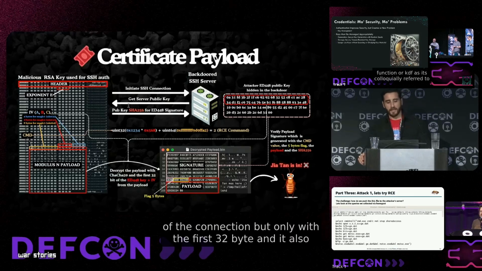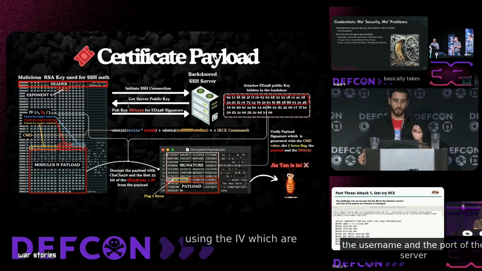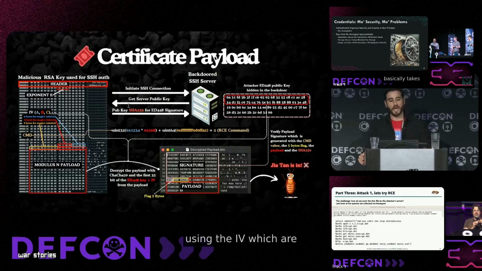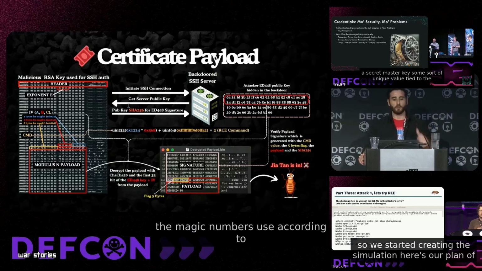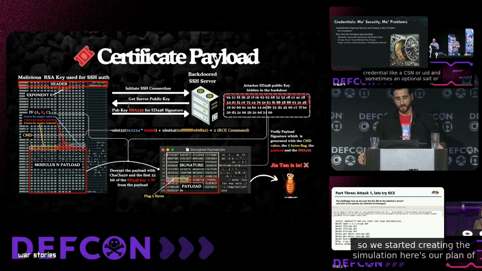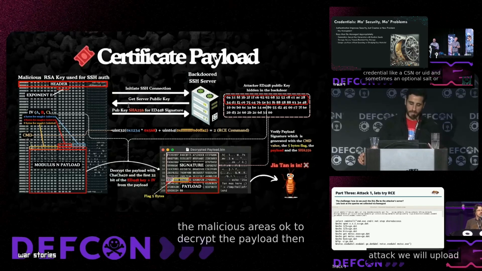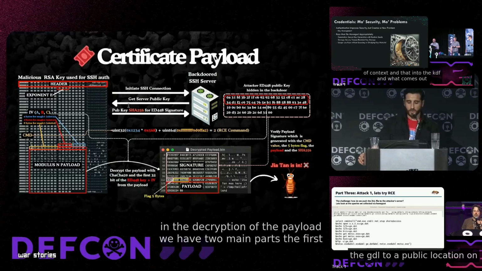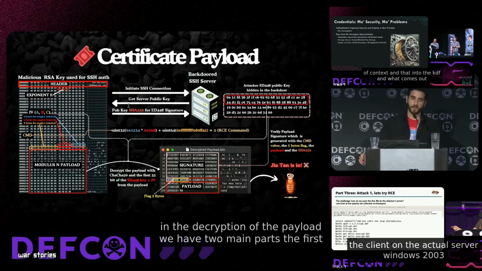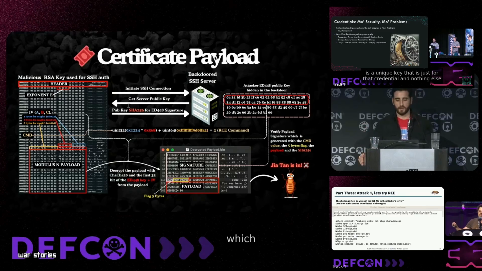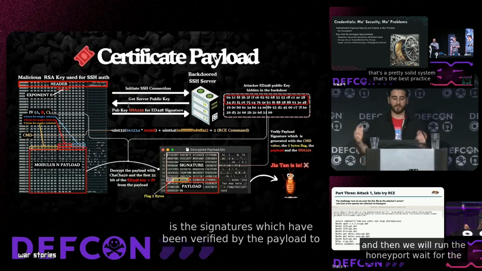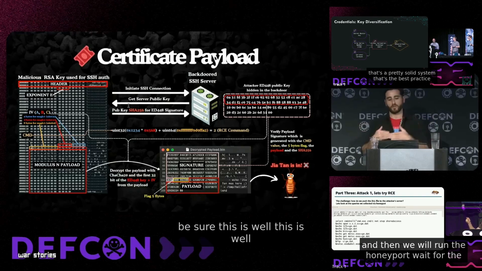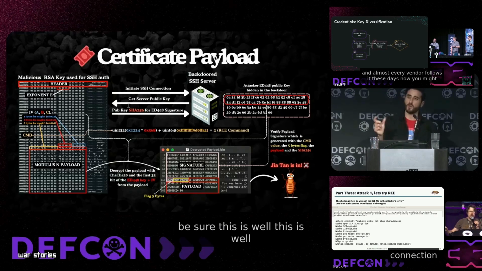And then, in the modulus N part of the RSA certificate, there is the payload which is encrypted, and this payload is decrypted using the hard-coded ED448 public key that has been exchanged during the initiation of the connection, but only with the first 32 bytes.